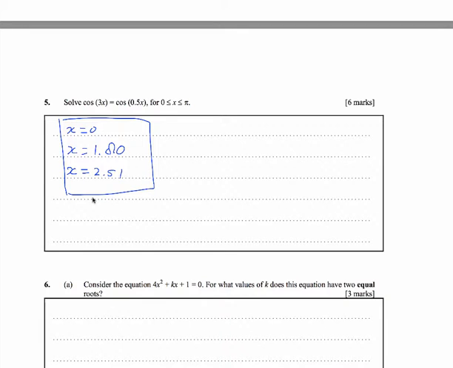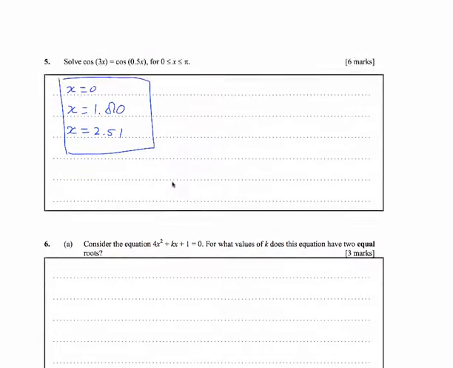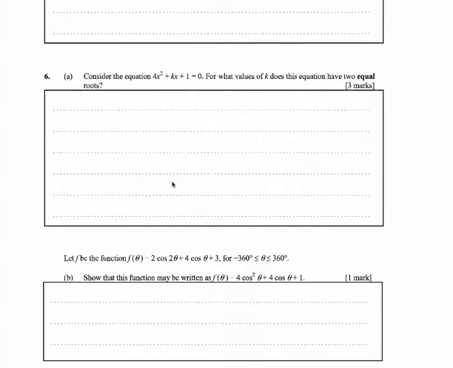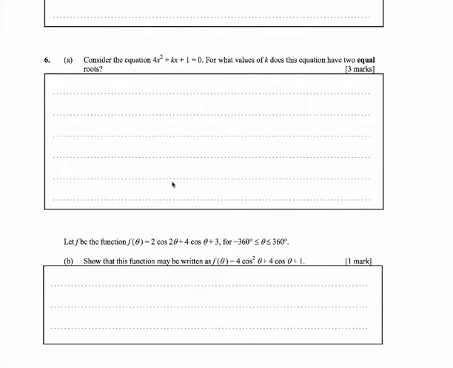All right, good. So that was 5. Question 6. Consider the equation 4x squared plus kx plus 1 equals 0. Quadratic. For what values of k does this equation have two equal roots? Equal roots, that's something to do with the discriminant, right? Equal roots mean the discriminant is 0.